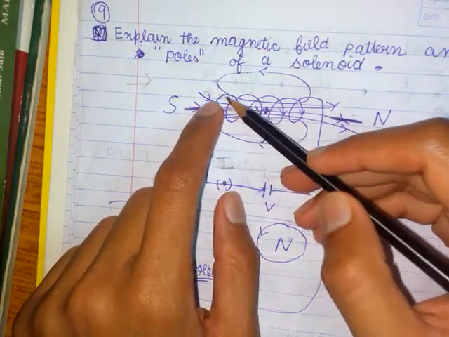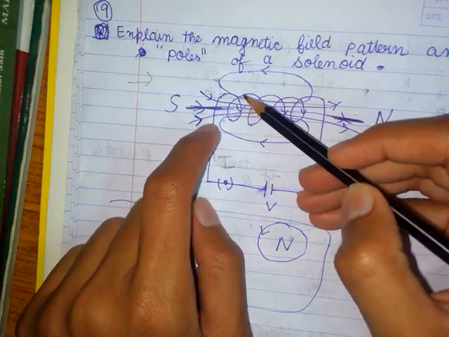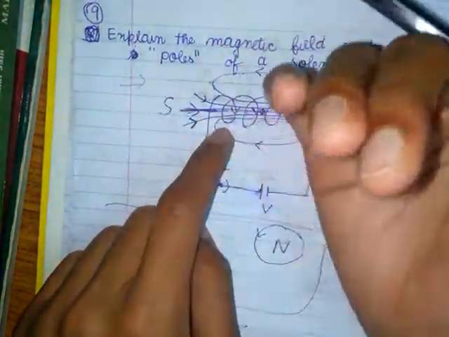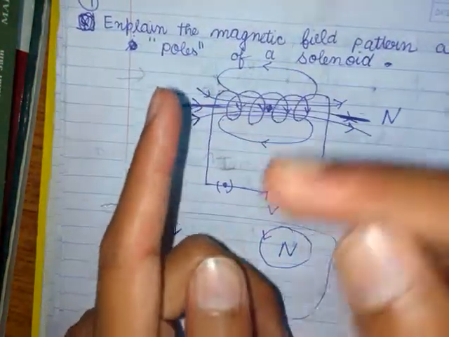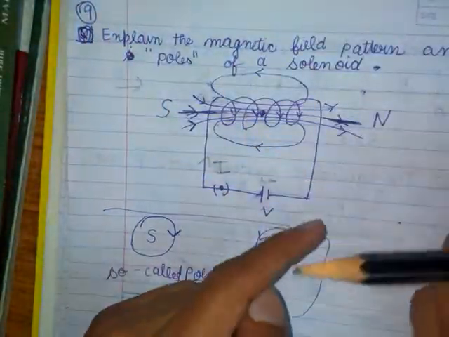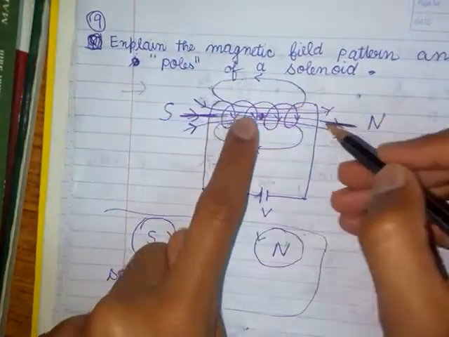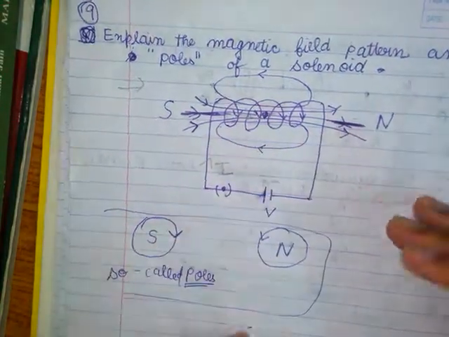When the current is going like this and like this, that is when it is coming, these are the loops, and when it's coming in this direction, the field pattern would be like this. So again inside the solenoid, the field would be in this direction. Therefore, we get this line here in this direction.